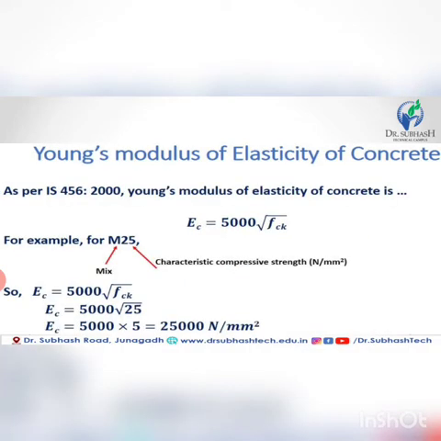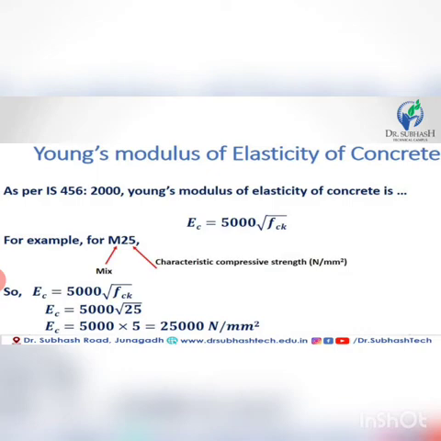As per IS 456-2000, modulus of elasticity of concrete is equal to 5000 under root fck. For example, for M25, M for mix, 25 is the characteristic compressive strength in Newton per mm square.